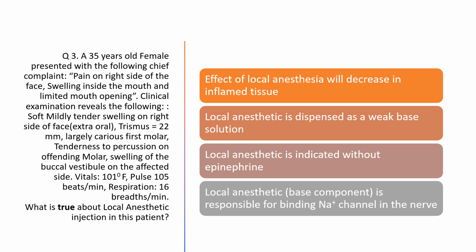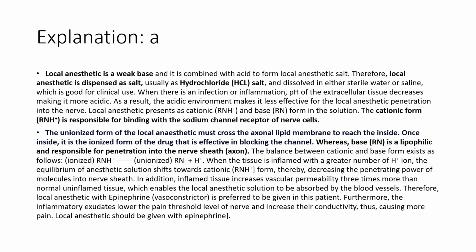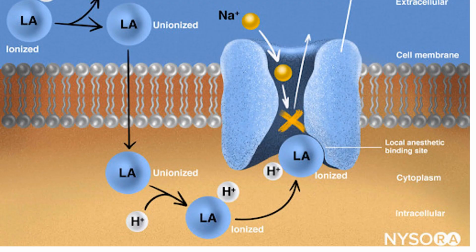So the option A. I would like you to read this slide, and for further explanation, I want to show you one thing in this picture. As you see, this is a lipid bilayer structure, and then we have a local anesthetic, and this is the ion channel, which is a sodium ion channel basically. So the action of local anesthetic is that it is converted from ionized to unionized form, and this is basically the unionized form or the base component, which is lipophilic, and it tends to cross the lipid bilayer.